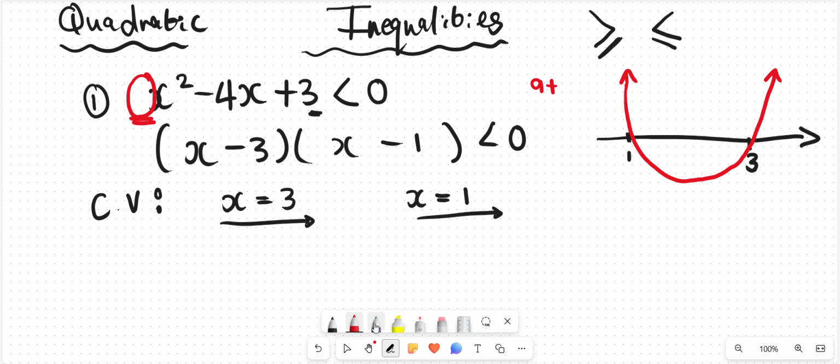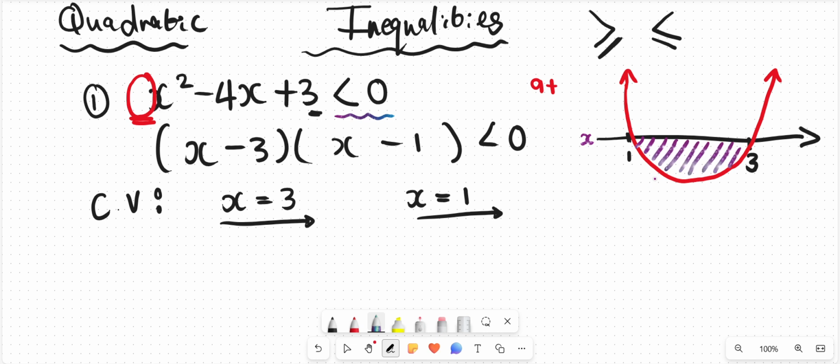And then we need to look at this sign. That tells me that in your parabola, we are looking for values below the x-axis. So this, remember, is our x-axis. If it says less than, it's telling me that we are looking below the x-axis.